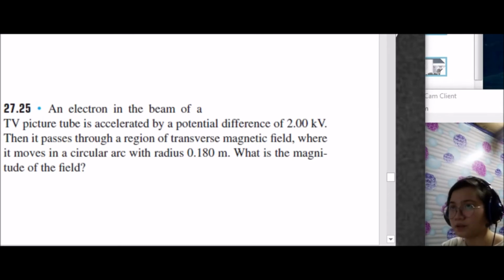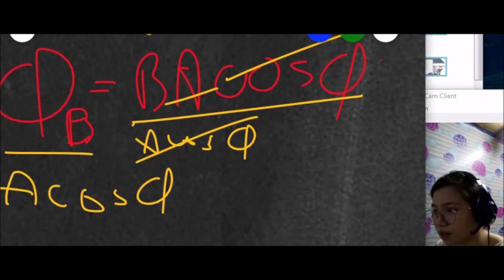So remember the constants. Let me write the constants real quick.